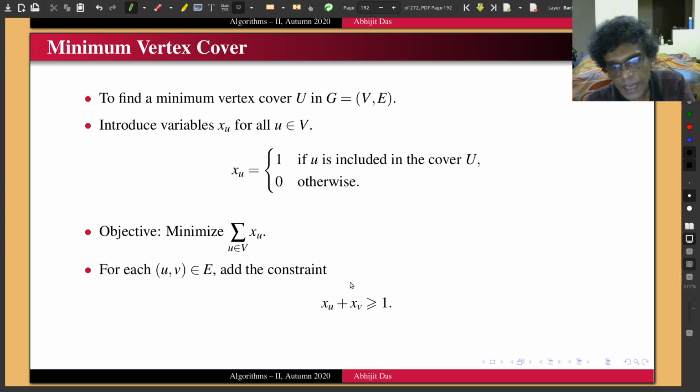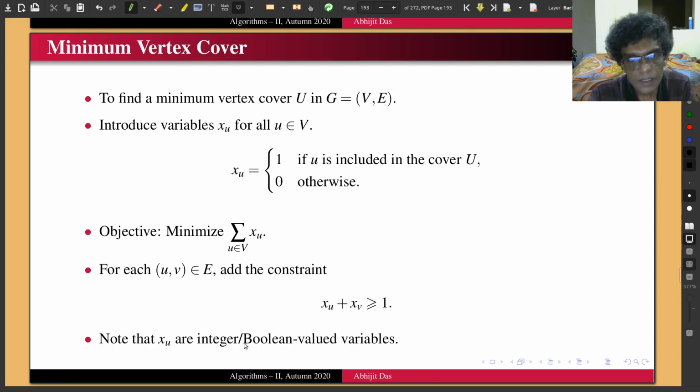Now there is a catch. These variables xu are no longer real valued. These are integer valued, or 0, 1 valued, Boolean valued. So this is the first important and interesting observation: xu are integer or Boolean valued variables.